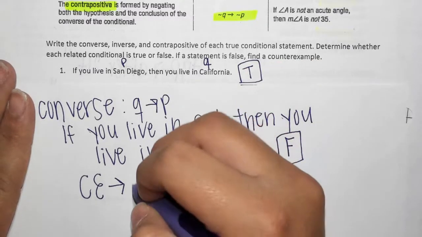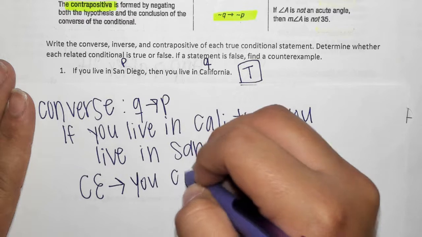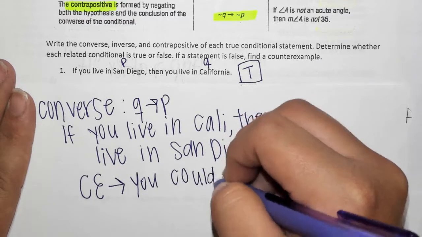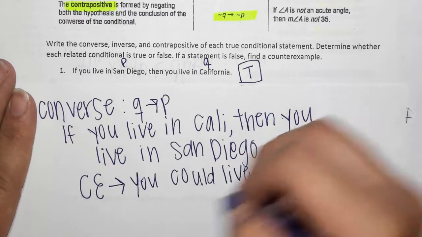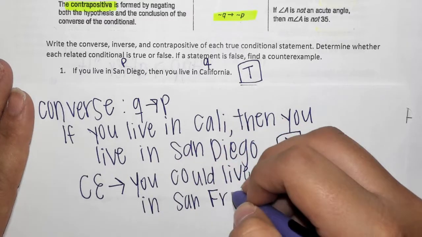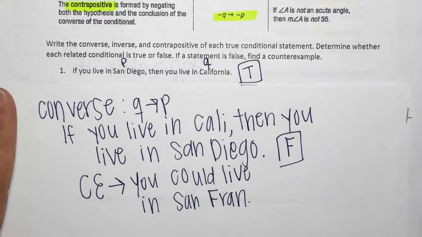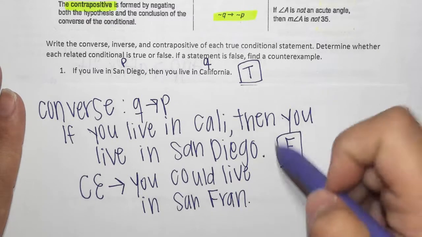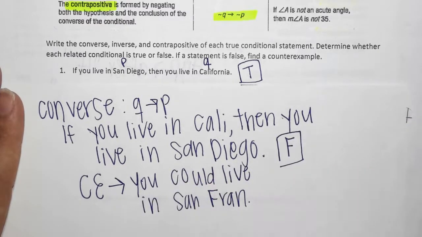So your counterexample is you could live in San Fran. That's the converse. It's false.